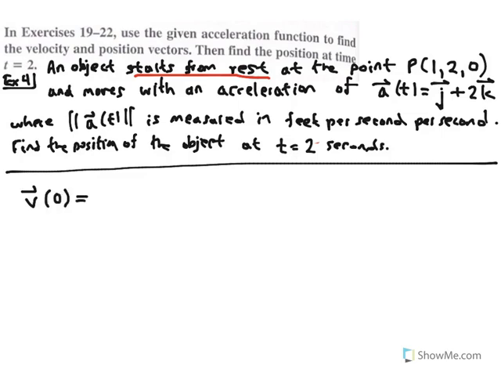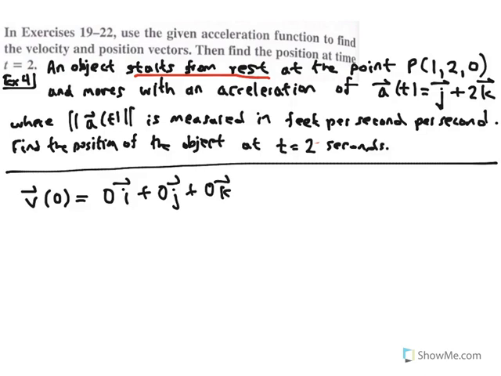So we actually have an initial condition from those three words, starts from rest. The initial velocity is the 0 vector. So we have 0i plus 0j plus 0k for the initial velocity vector.